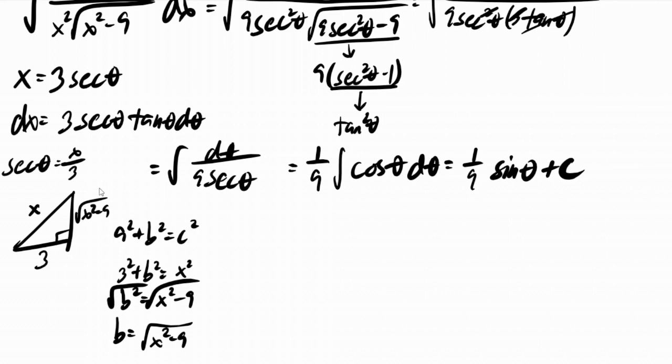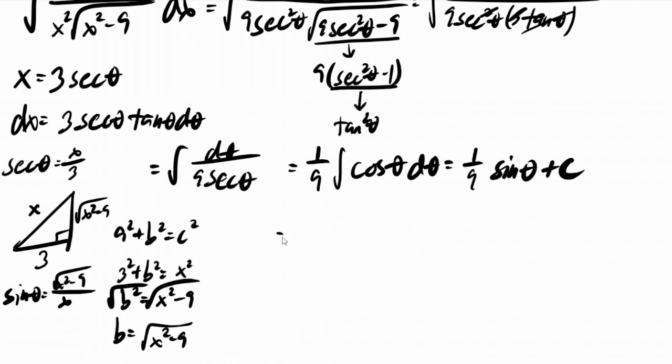But we are looking at theta, and in SOHCAHTOA, sine theta is opposite over hypotenuse. So this is our opposite and this is our hypotenuse, so sine theta is equal to the square root of x squared minus 9 all over x, and we substitute sine theta over there.